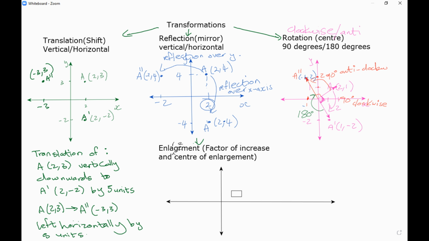You want to double the size of this figure, and they tell you that the center of enlargement can be anywhere around the shape. Let's choose a random point somewhere. Let's say the center of enlargement is right over there.